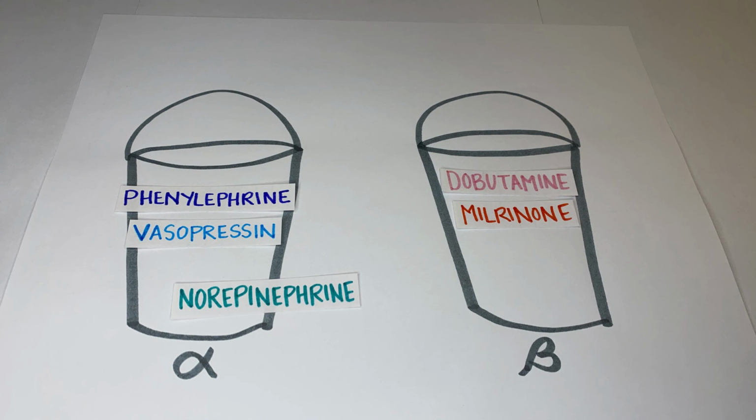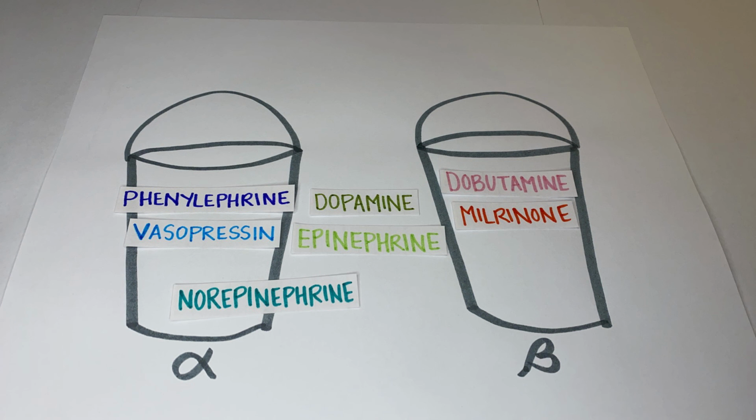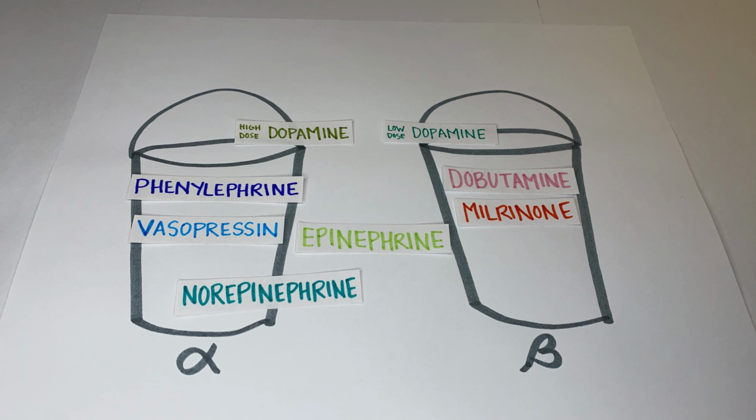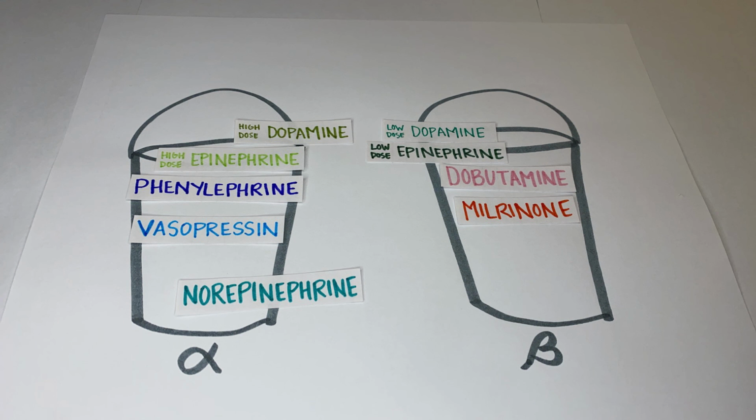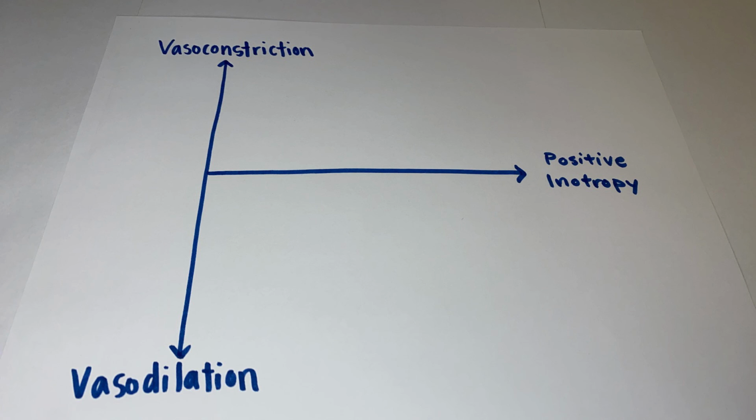Norepinephrine has a strong alpha-1 effect and mild beta-1 effect. Dopamine and epinephrine fall in between. Their effects differ with dosing. High-dose dopamine has primarily alpha-1 effects, while low to mid-dose dopamine has more beta-1 activity. Low-dose epinephrine similarly has beta-1 effects, while high-dose epinephrine has much stronger alpha-1 activation.